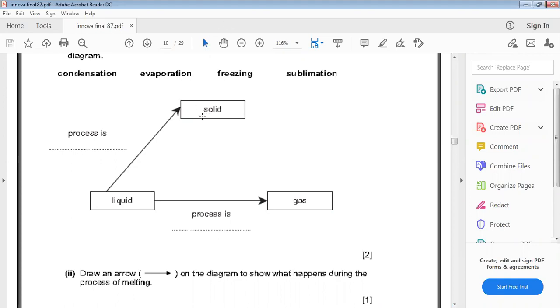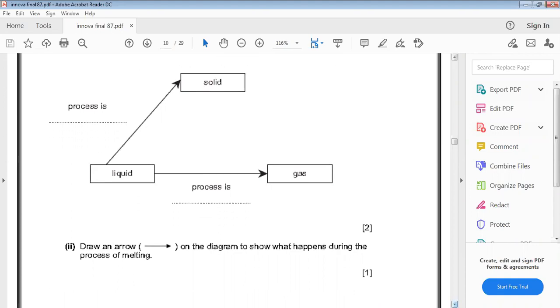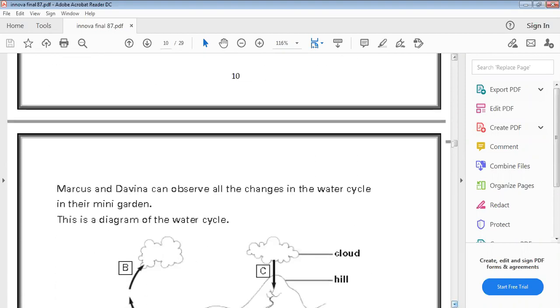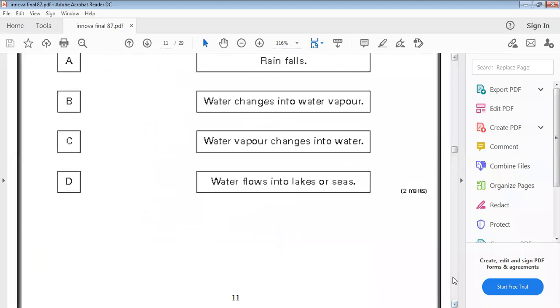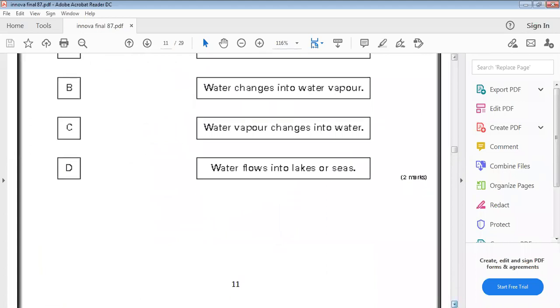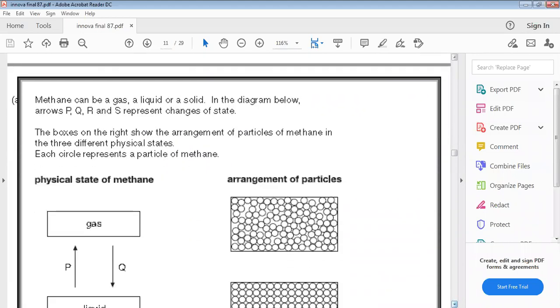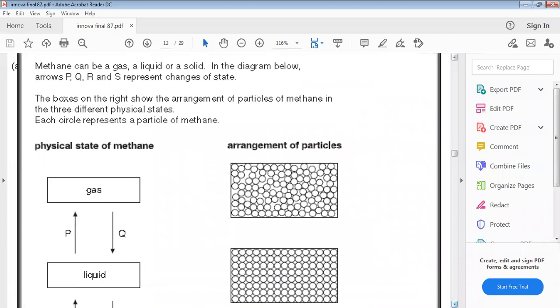From solid to liquid. Excellent. Okay, fine.